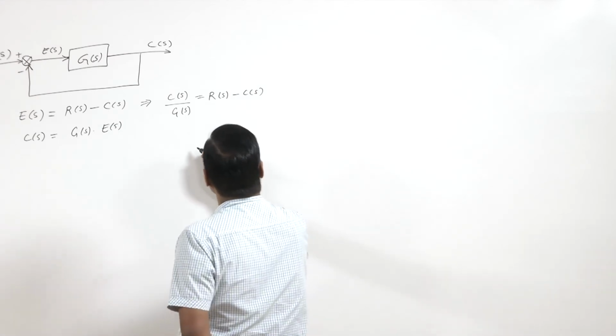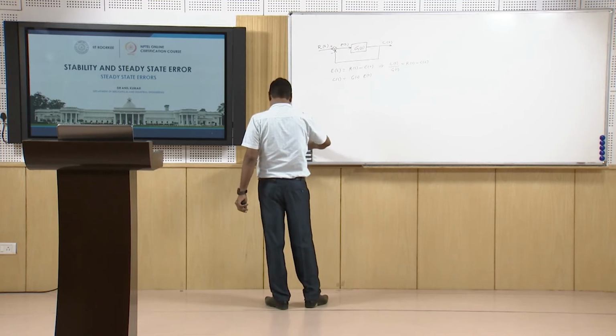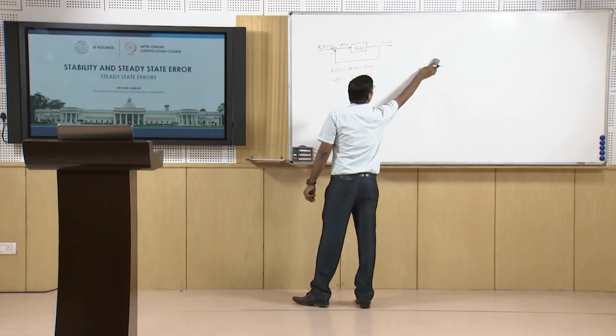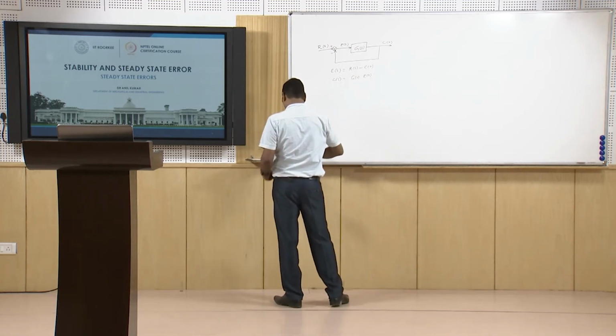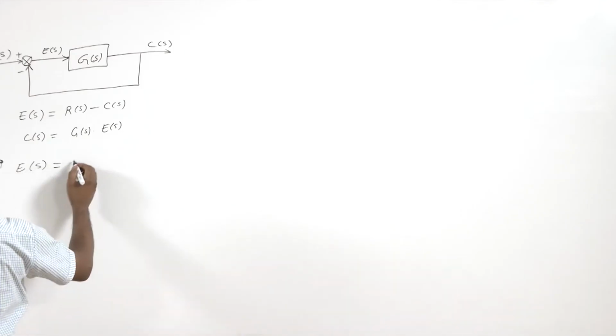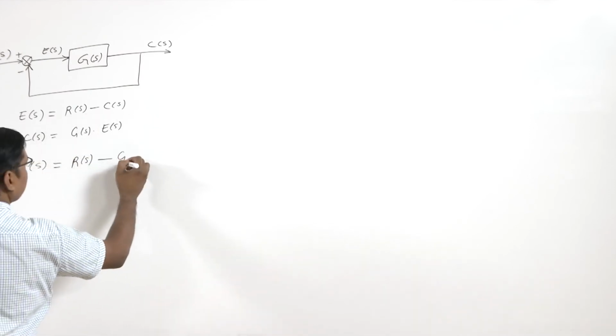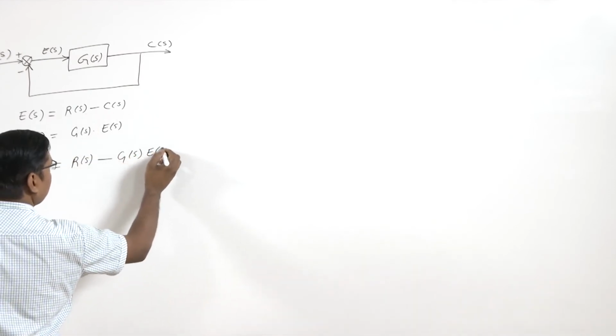So from here, E(s) equal to R(s) minus G(s) into E(s).